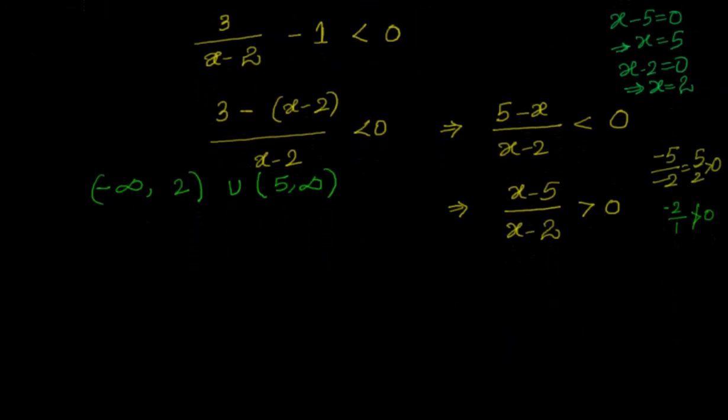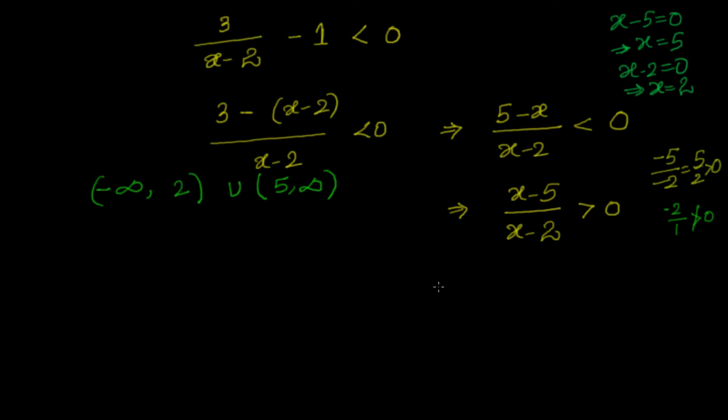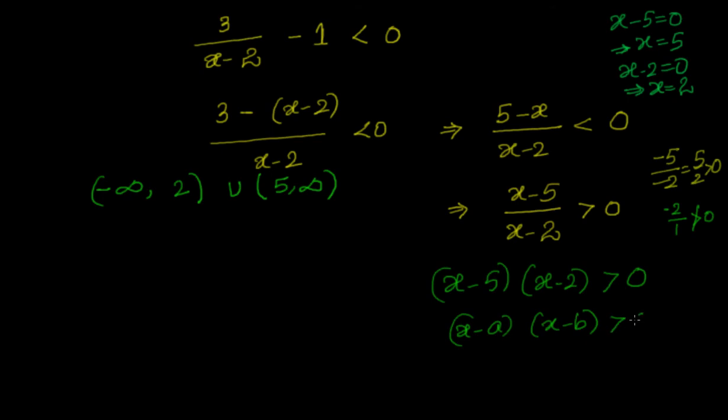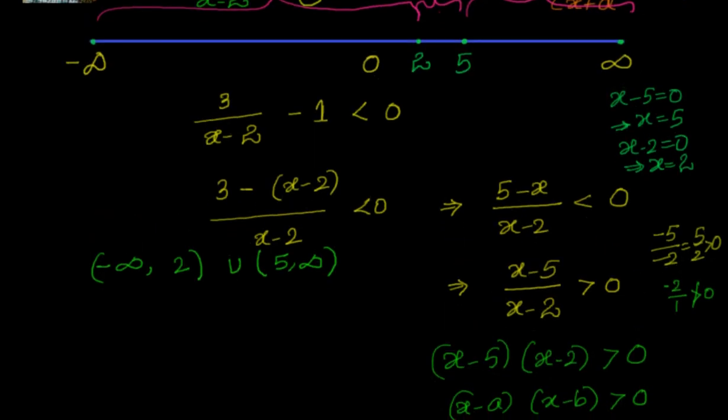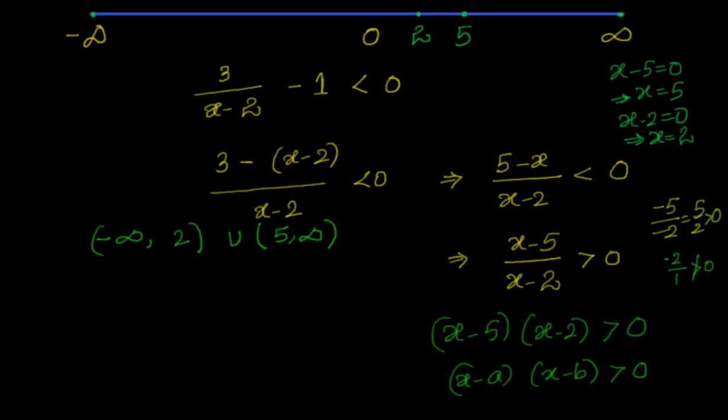Another more structured way of looking at it: I can multiply this with x minus 2 whole square, so that I can say x minus 5 into x minus 2 greater than 0. Now you can see that this is nothing but in the form of x minus a into x minus b greater than 0, for which you know the solution very easily. Now x minus 5 into x minus 2 is greater than 0.